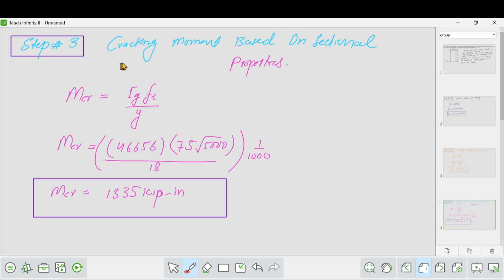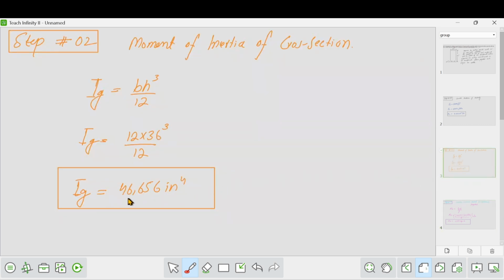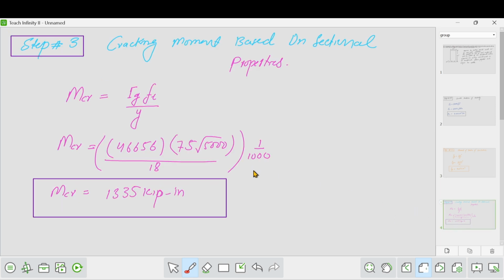In step number 3, calculate the cracking moment based on the sectional property. Assume that the concrete has a tensile capacity of 7.5 root f'c, where f'c is 5000, and the moment of inertia which we have calculated here is 46,656. Now the height of the whole section is 36. So y is the centroid of the cross section.